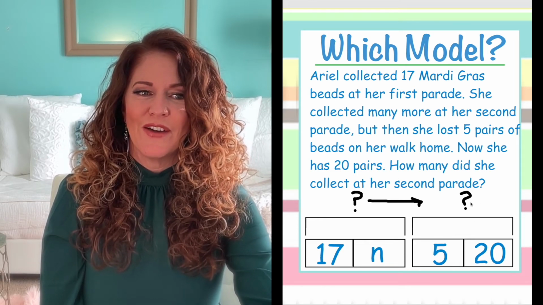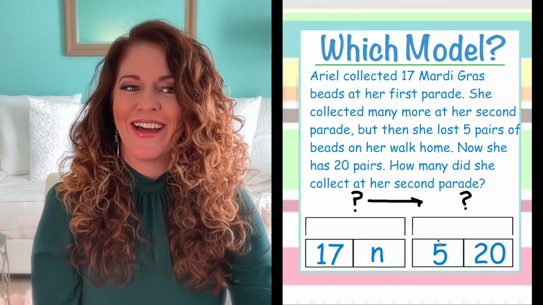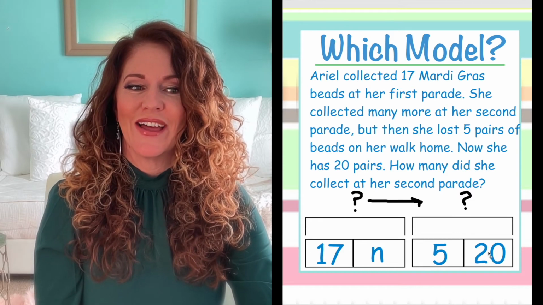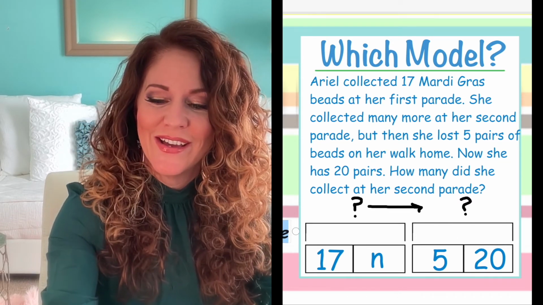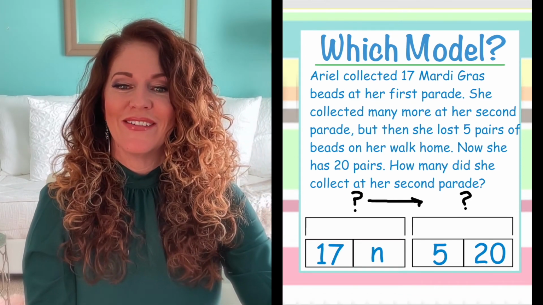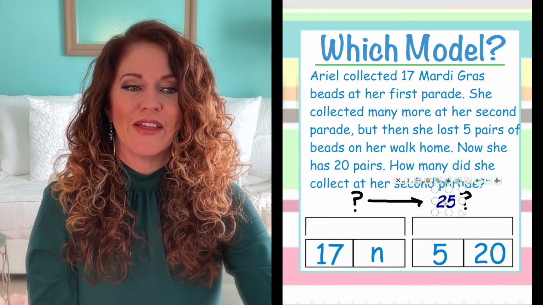But in order to do that, first I've got other information I need to solve. And I can do that now. Because look, I know I take parts together to make a whole, don't I? So 5 plus 20 gives me 25. So 5 and 20 gives me 25.